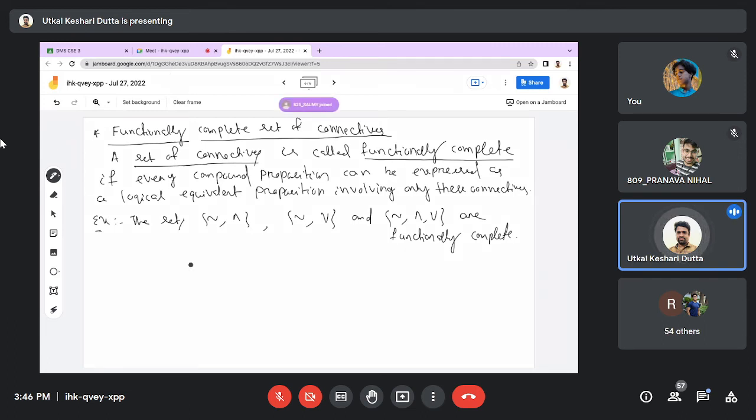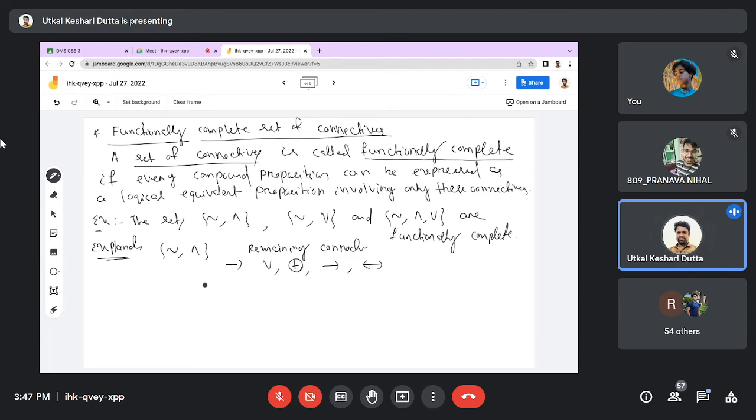Okay, see the first example. I'm not going to the proof. The set negation and conjunction, and what are the remaining connectives? One is disjunction, one is exclusive or, one is conditional, another is biconditional.